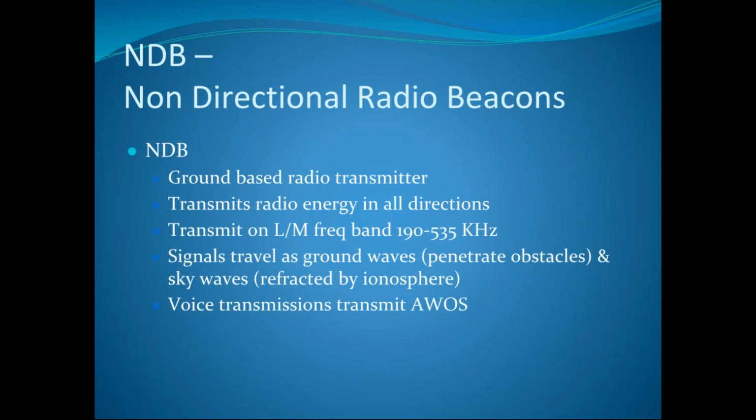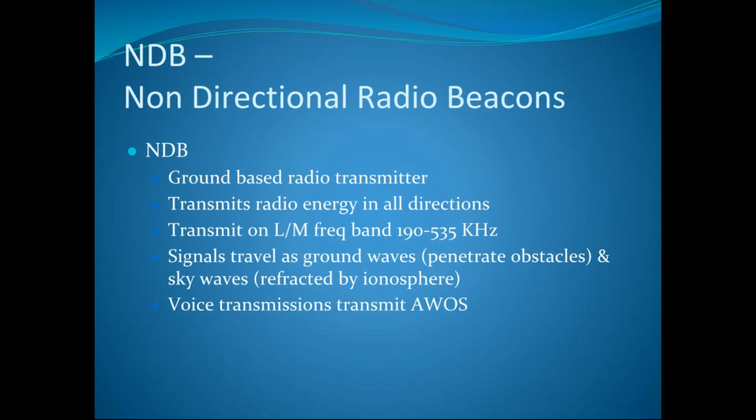It's simply sending out a 360-degree signal that just tells the pilots, this is where I'm at, find your way to me, basically. It transmits on the L and M bands. So those frequencies would be 190 to 535 kilohertz.